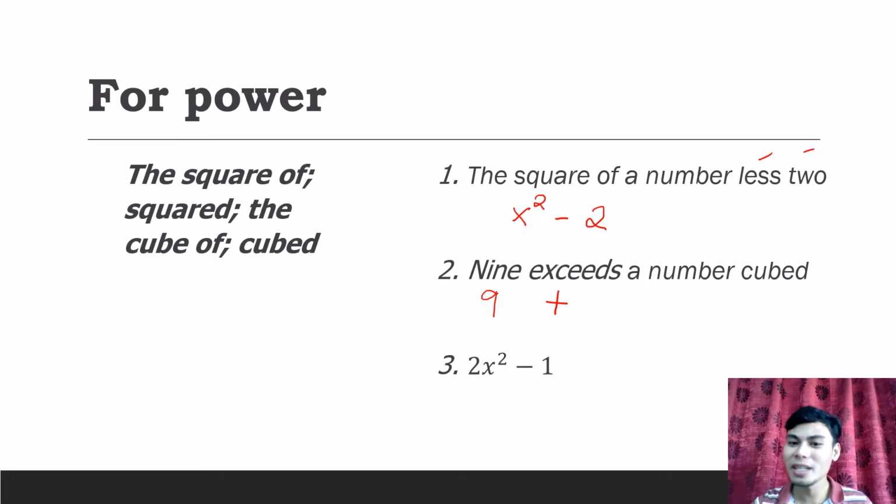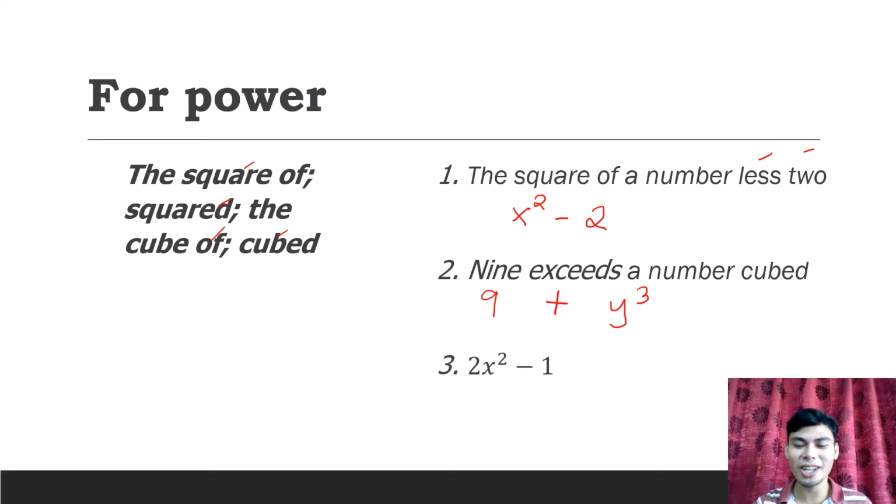We don't know the number, so let's use y, a number cubed. And that's it. That's just it. It's that basic. Again, for power, square, squared, 2 is the exponent. Cube or cubed, 3 is the exponent. Raised to the power of 4, raised to the power of 5, 4 and 5 are the exponents consecutively.